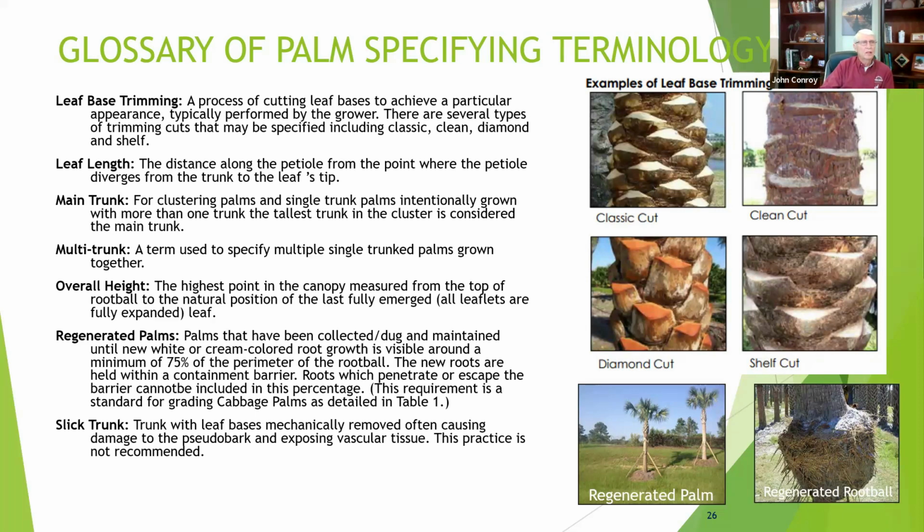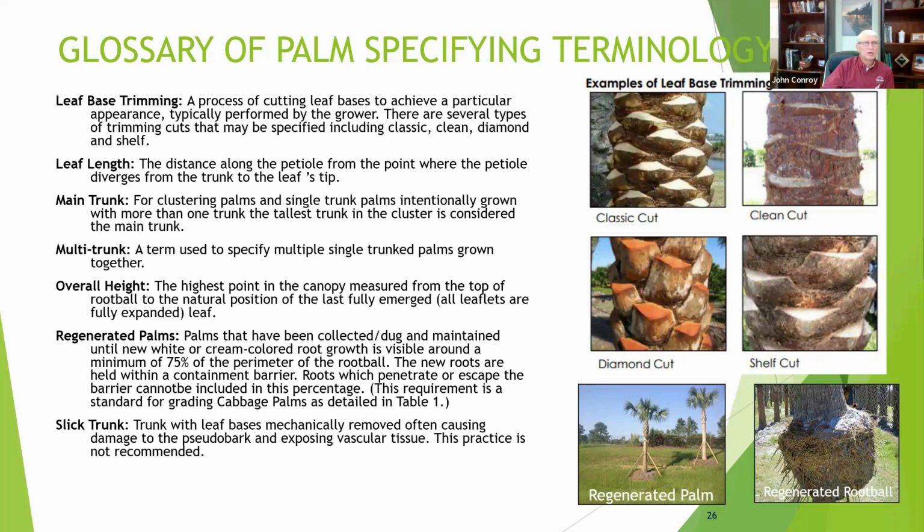Leaf length, well, that's fairly explanatory. It's how long the leaf is from the point of divergence on the trunk to the leaf's tip. Main trunk, for clustering palms and single trunk palms intentionally grown with more than one trunk, is the tallest trunk in the group or the cluster. So it's considered the main trunk. Overall height, that is the measurement that we used to establish what the root ball measurement would be.